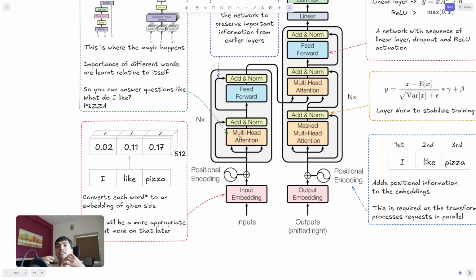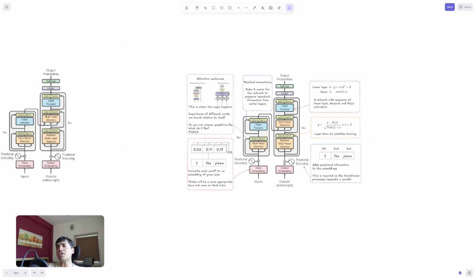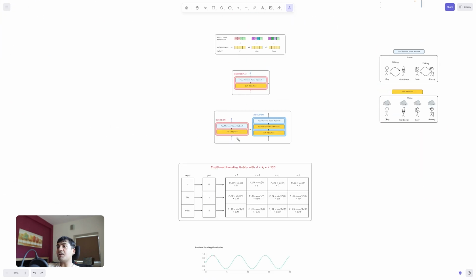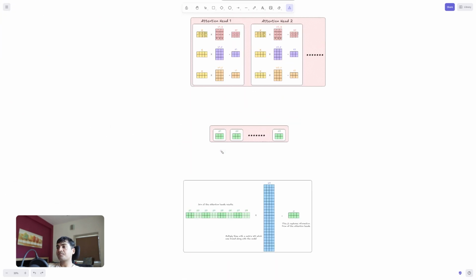The reason it is done is, as a deep neural network gets deeper, you lose a lot of information that we started with, and this basically stops that from happening. So it preserves a lot of information that we might have lost if we made a very deep network, and that is where this residual connection adds the original embedding vectors to this. And what is normalization? Let's try to understand that now.